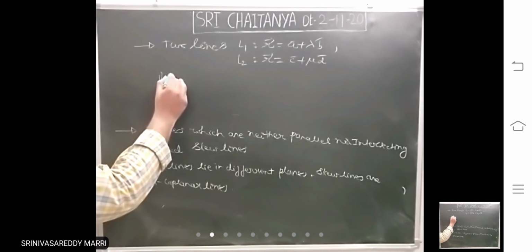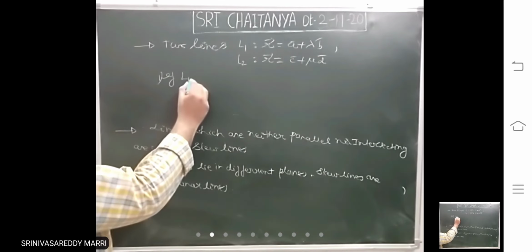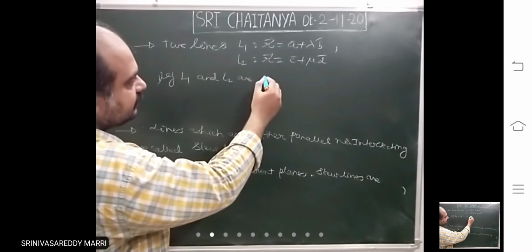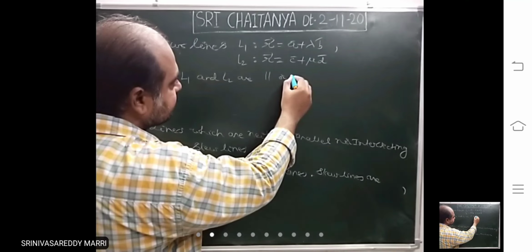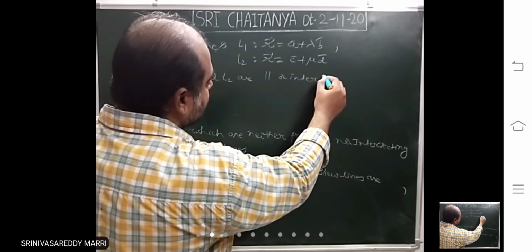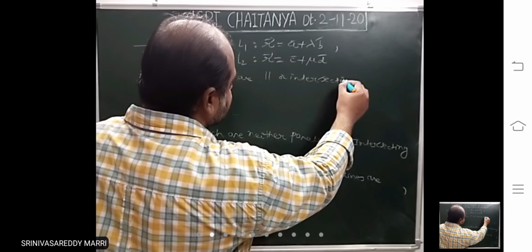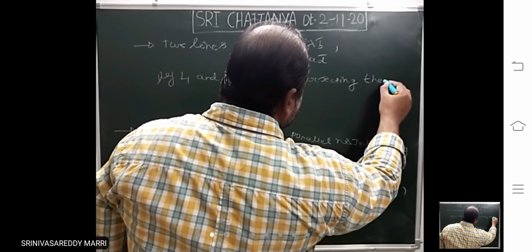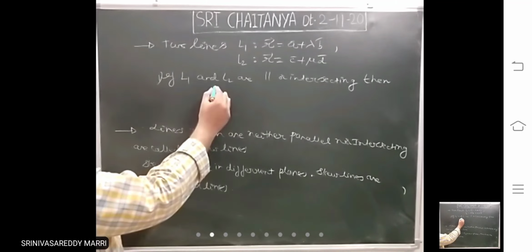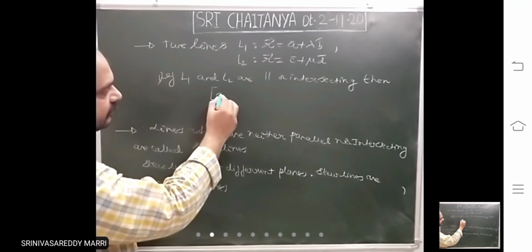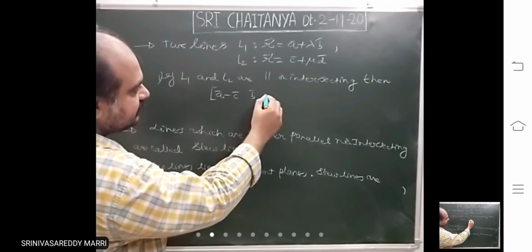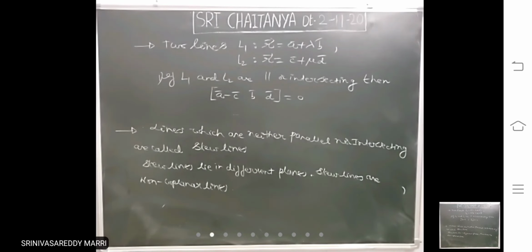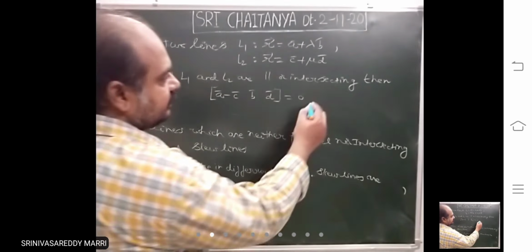Number one, in vector form, if you want to solve the problem, if L1 and L2 are parallel or intersecting, then the condition is, as I have already discussed in vectors, box of (a bar minus c bar), b bar, d bar equal to 0.